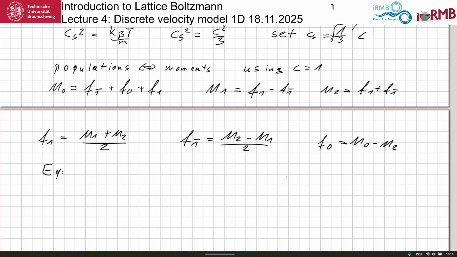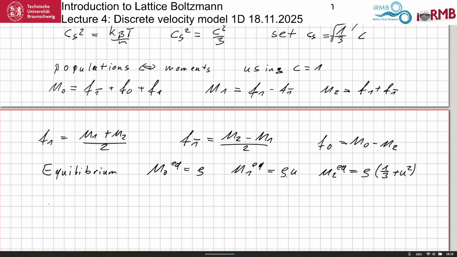Now we've seen what the equilibrium is. M0 equilibrium is rho, M1 equilibrium is rho u, and M2 equilibrium is, by our decision now, rho times 1/3 plus u squared. Yeah? Such that we have the right value for the third order moment.